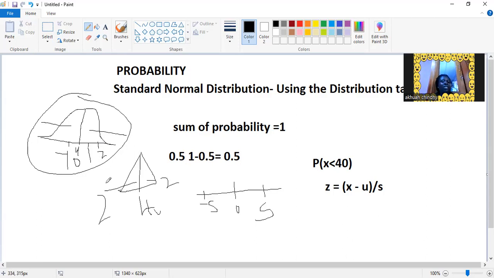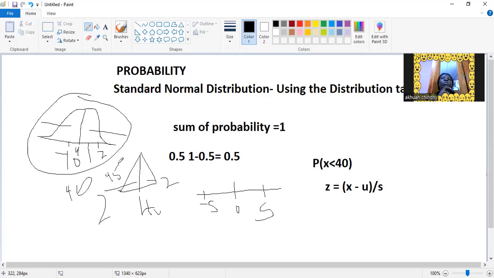In some cases, you can have the mean to be, let's say, 40. Then the standard deviation will be 5, so the next figure will be 45, not 41. For the normal distribution, you use 0 for the mean and 1 for the standard deviation.